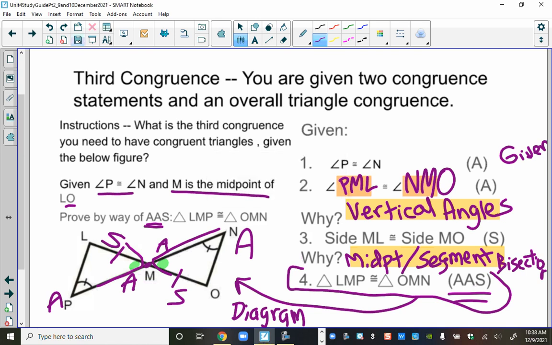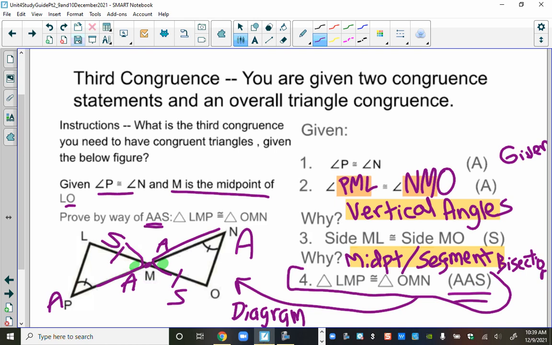Okay. Questions on this problem? I know this one was a little more work. Because in the end, what happened was the information. I know we haven't seen midpoint in a little while. Vertical angles, but again, those are going to be hints.